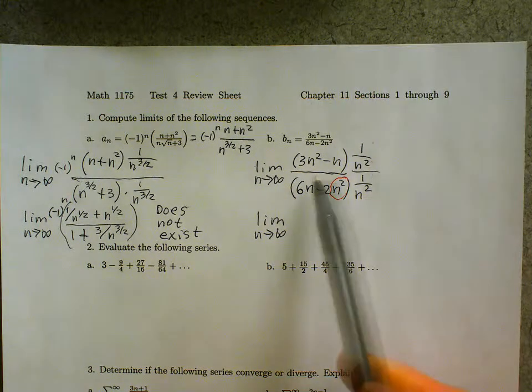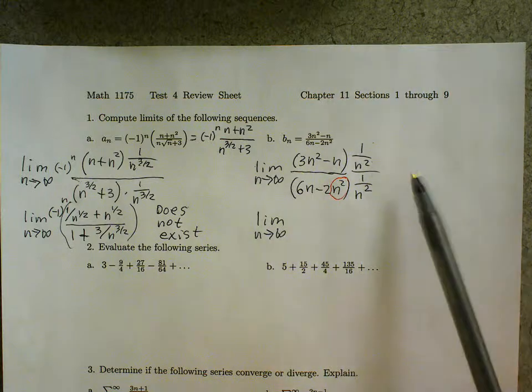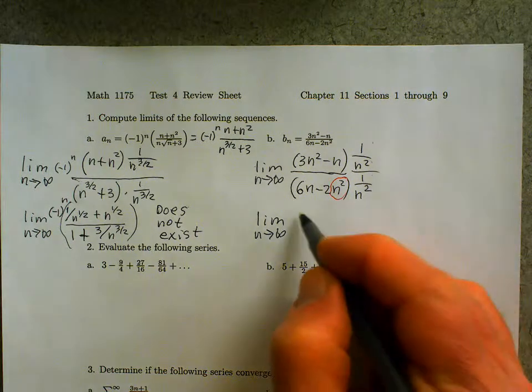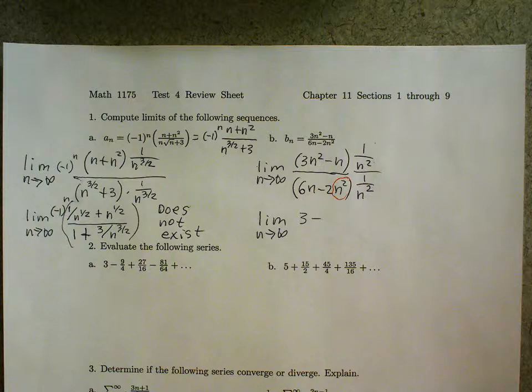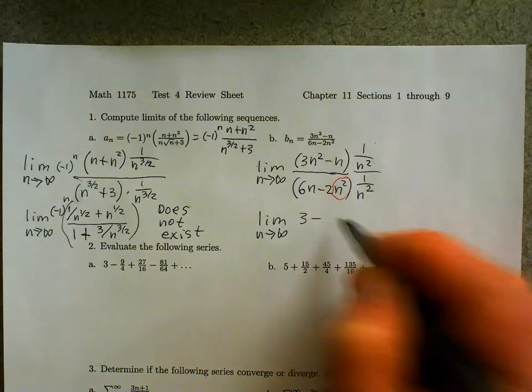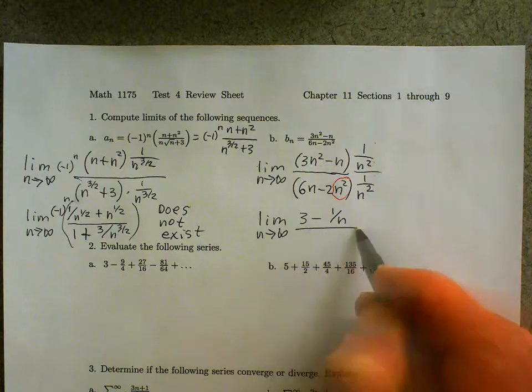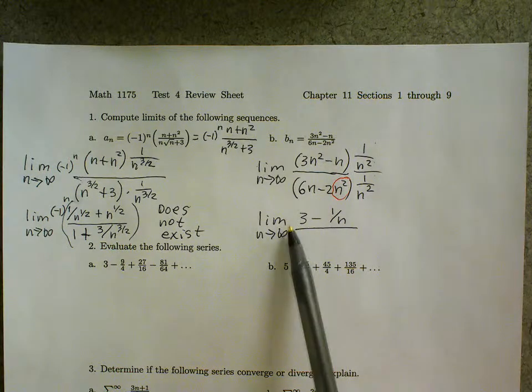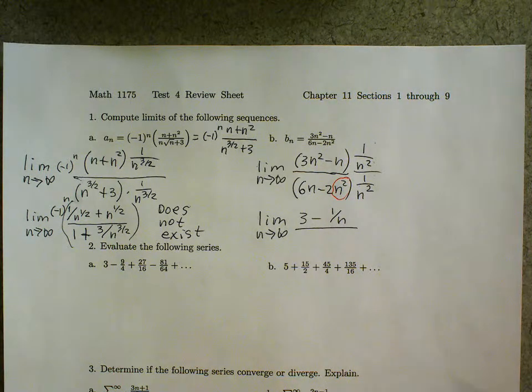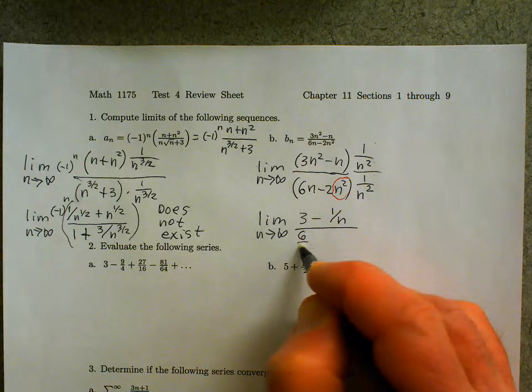Okay, in the numerator, when we multiply 3n to the second by 1 over n to the second, we just get 3, and then minus n times 1 over n to the second is minus 1 over n. And in the denominator, 6n times 1 over n to the second is 6 over n.